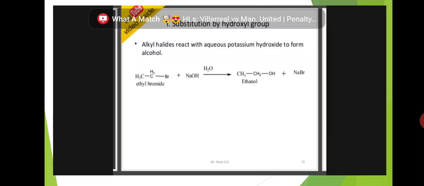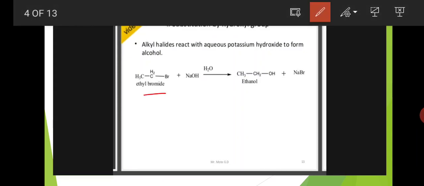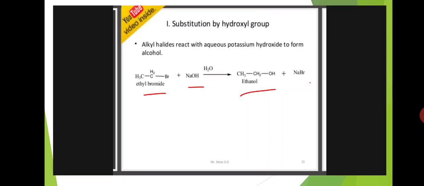Next, substitution by hydroxy group. Alkyl halides react with aqueous potassium hydroxide to form alcohol. Here ethyl bromide reacts with sodium hydroxide and ethanol is formed plus NaBr. Here the hydroxyl group substitutes the bromine atom.